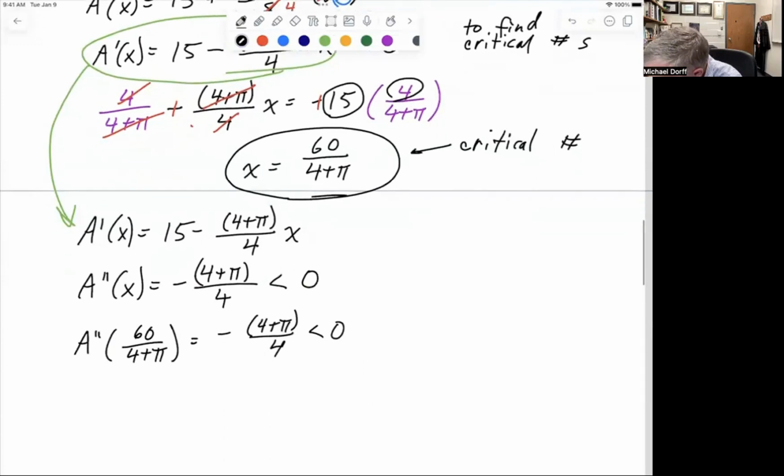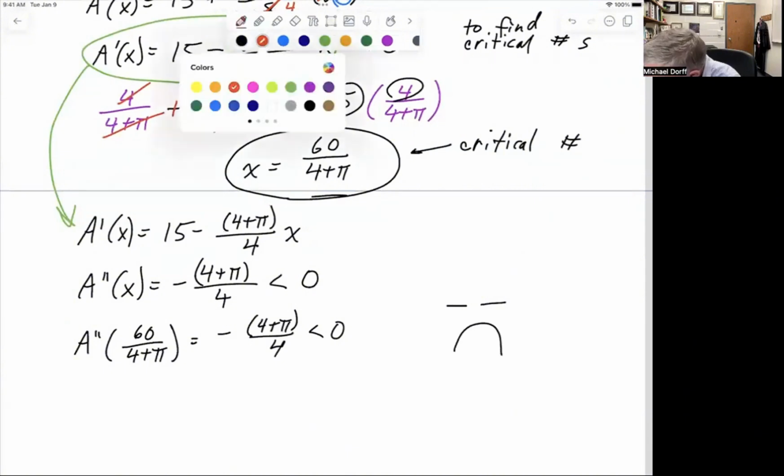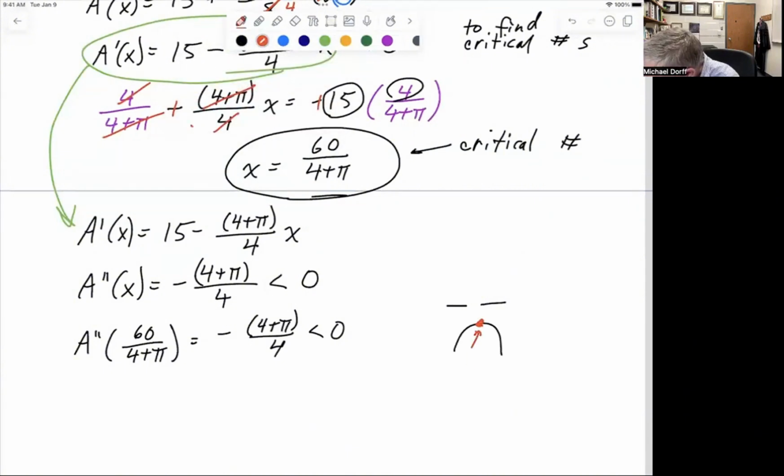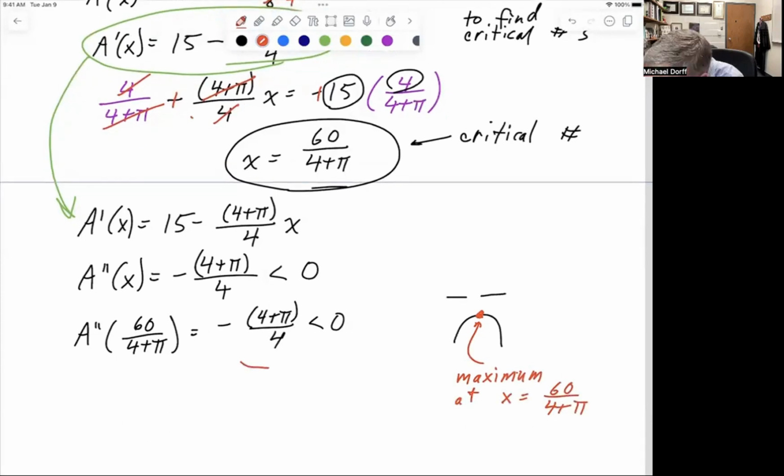And if the second derivative is less than 0, negative, that gives me my frowny face, and at the very top we have a maximum at this x value, which was 60 over (4 plus pi). Remember, because we have a negative here, I could put in any number, any value for x, and I'd get a negative.